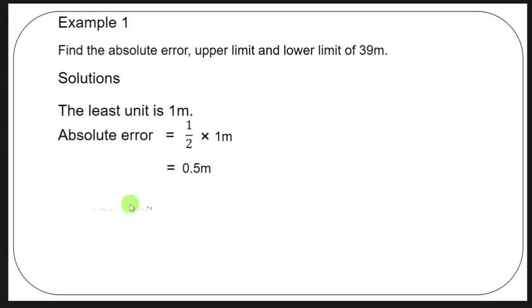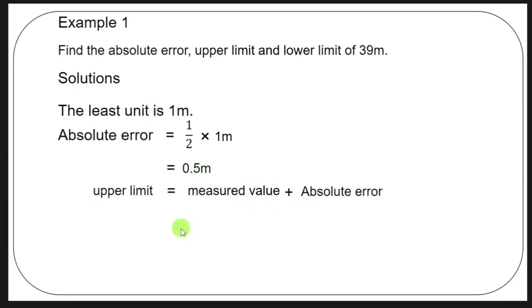Now the upper limit will be equal to the measured value plus the absolute error, which will be 39 meters plus the absolute error, 0.5 meters.